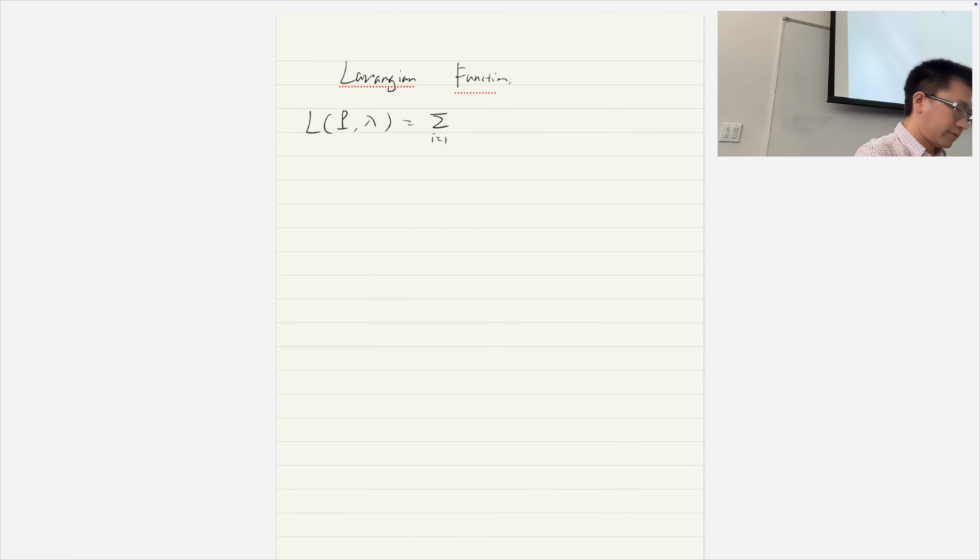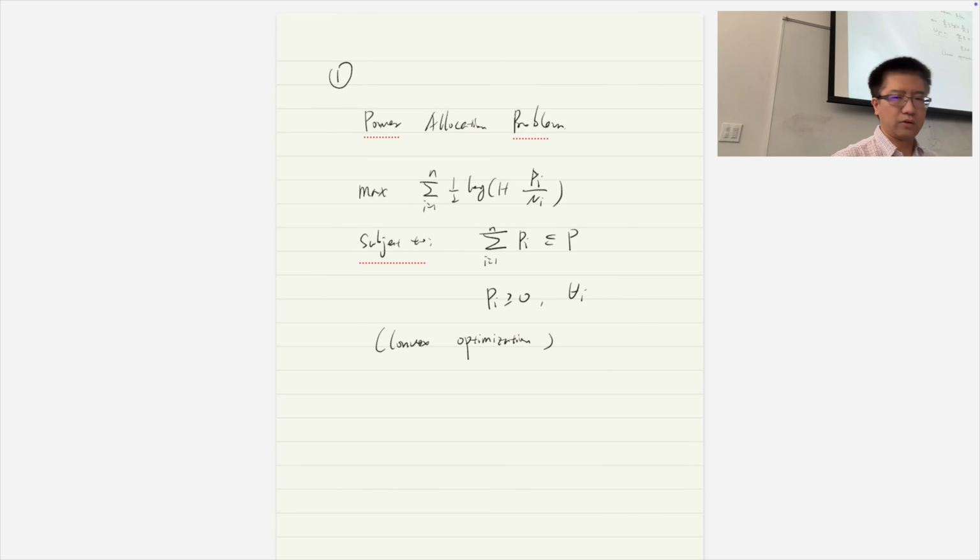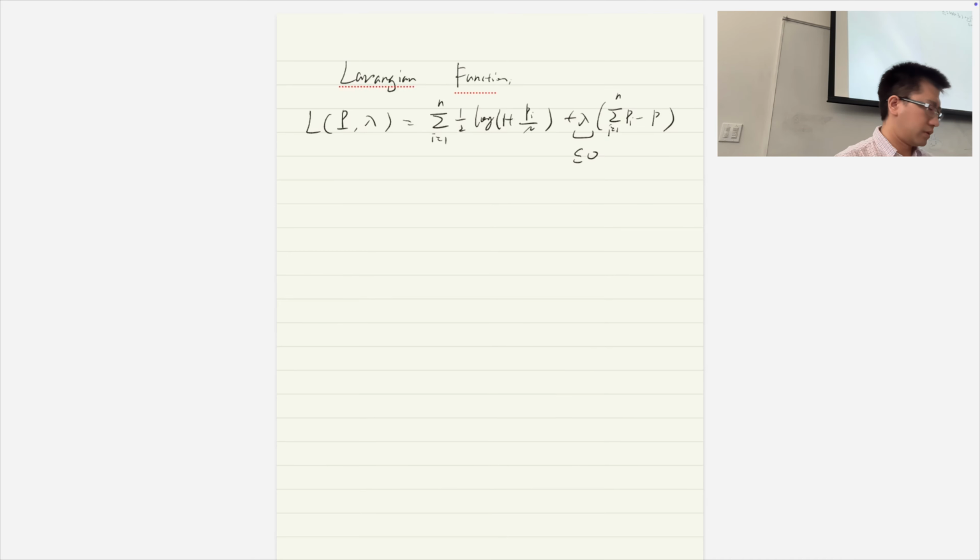So we write first the objective function. And then we can add or subtract, it doesn't matter, the constraint here. In this case, because we're using plus, lambda has to be less than or equal to 0. If we use minus, then lambda has to be bigger than or equal to 0. And then we need to add another term for the constraint P_i greater than or equal to 0, but we can deal with that easily, so we don't need that. Okay, for the KKT condition.